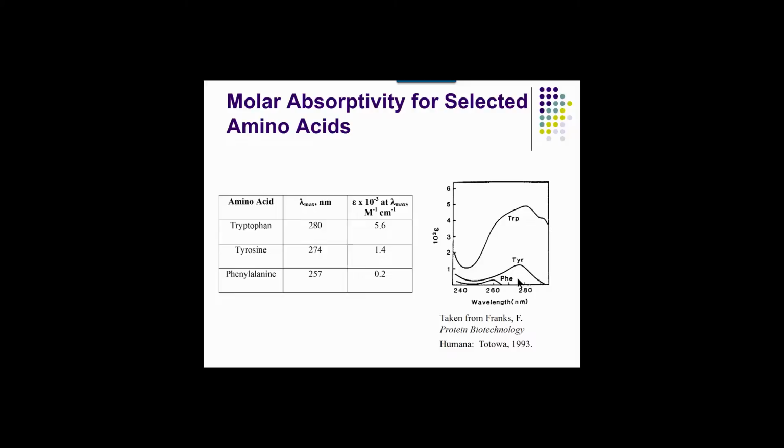And if you knew how many you had, the molar absorptivities were known for tryptophan and tyrosine and phenylalanine, you could basically consider this to be a mixture problem, which we talked about in class Thursday, where tyrosine and tryptophan were the primary contributors. And so basically what people did is they would sample the absorbance at around 280 nanometers and consider it as a mixture problem and solve. Pretty cool.